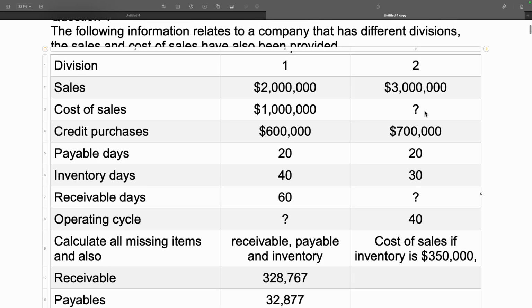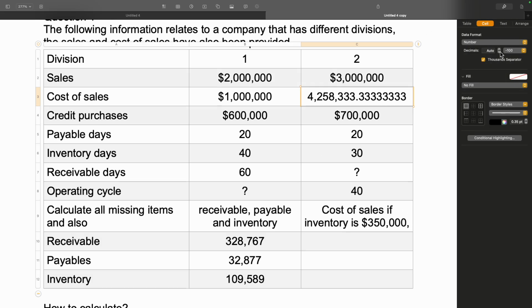So what's your cost of sales going to be? $350,000 divided by 30 divided by 365. Check whether you all can get this number.